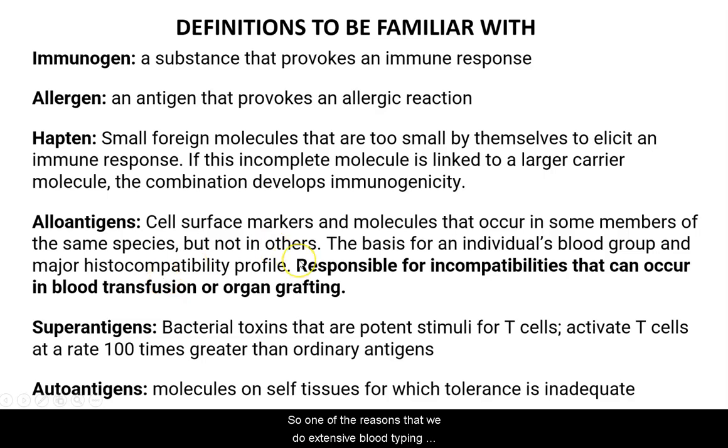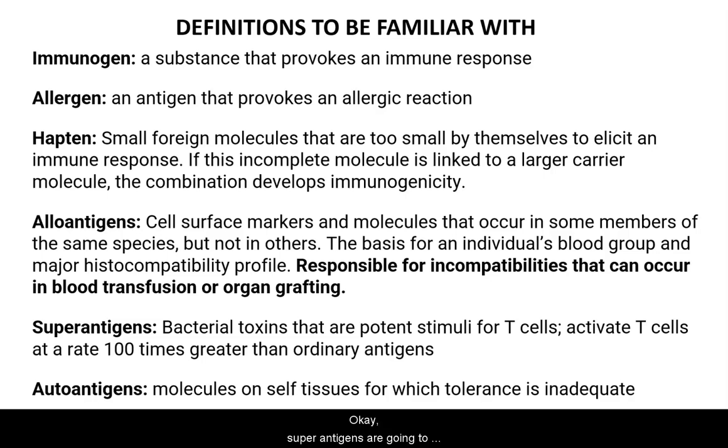One of the reasons that we do extensive blood typing for organ grafting and for transfusion is to try to get these alloantigens as similar as possible between two people so that there's less of an immune reaction to them. So hopefully the immune system doesn't recognize them as foreign.